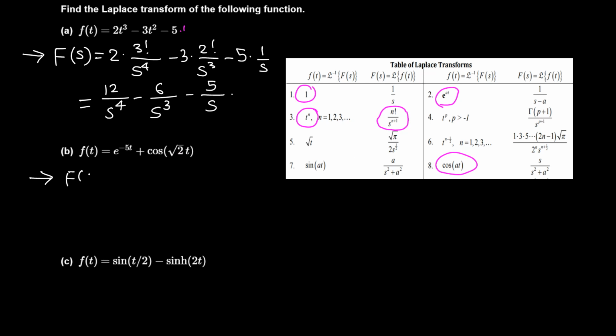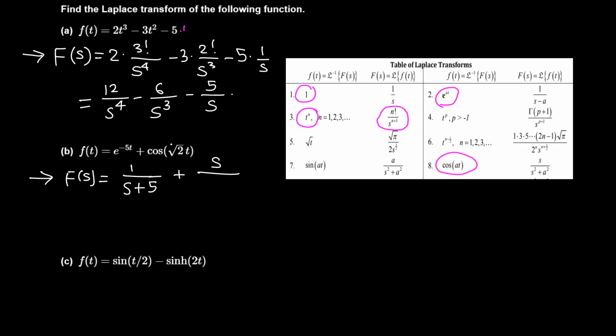So F of s is, e to the at is 1 over s minus a, so that's s plus 5, plus cosine at. From this table we get s over s squared plus a squared, where a is root 2, by the way.